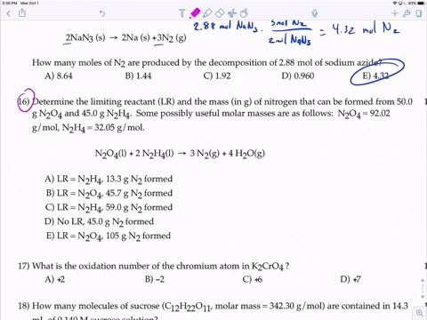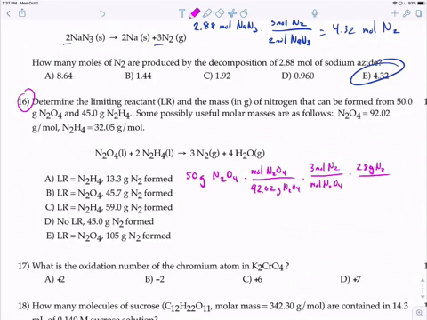So, 50 grams N2O4 times mole N2O4 to 92.02 grams N2O4 times, we want mass nitrogen, 3 moles N2 to 1 mole N2O4, 28 grams nitrogen per mole nitrogen.